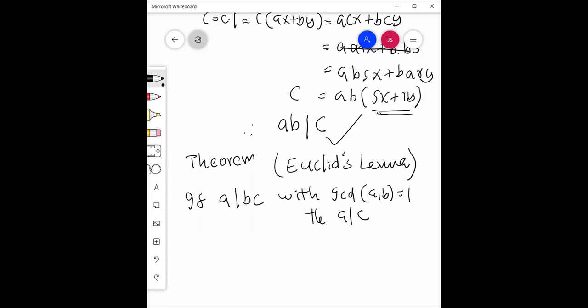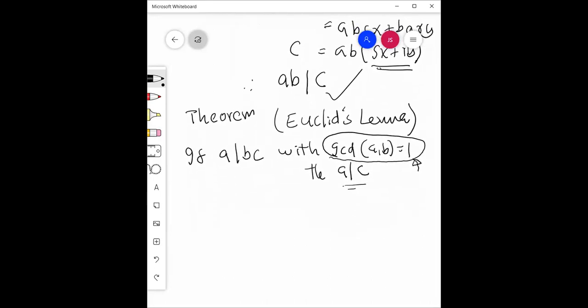Right. Again, my question is, can we remove this condition? Actually, that condition is necessary. Now, if so, can you find a counterexample to show the necessity of that condition? That means find some values A, B, C which violate this condition, and show that in that case this is not true. Now try a counterexample.